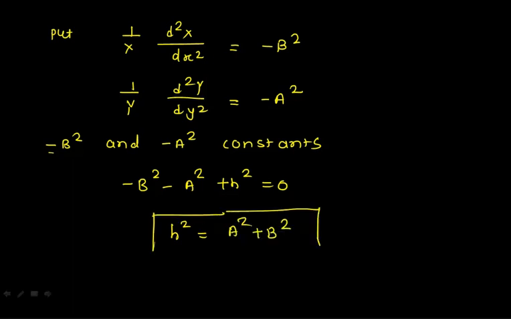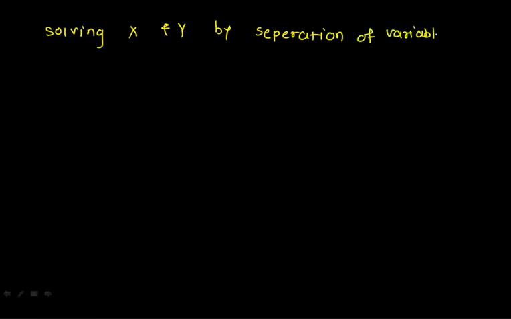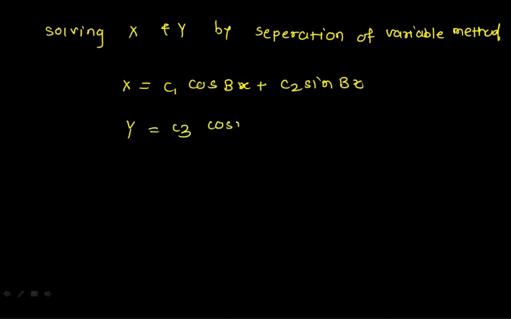Now you solve this equation with the separation of variable method, solving X and Y. So X is equal to c1 cos of bx plus c2 sine of bx, then Y is equal to c3 cos of ay plus c4 sine of ay, and Hz is nothing but XY.